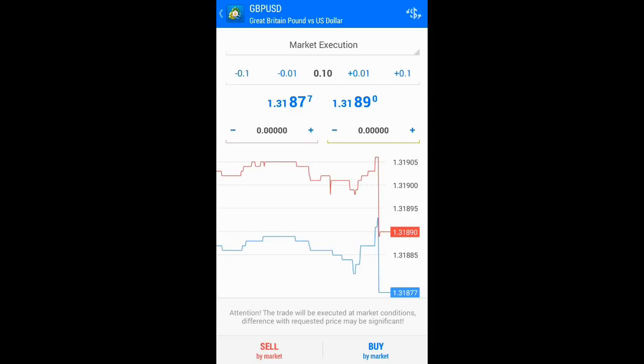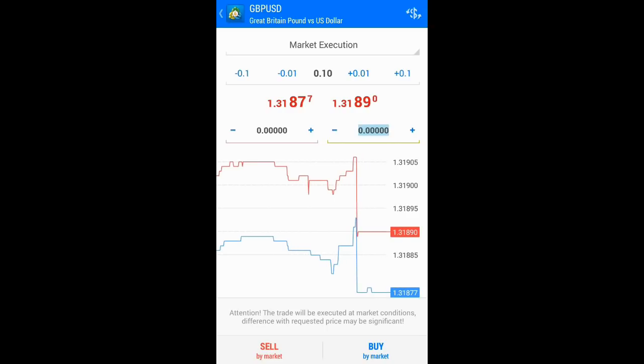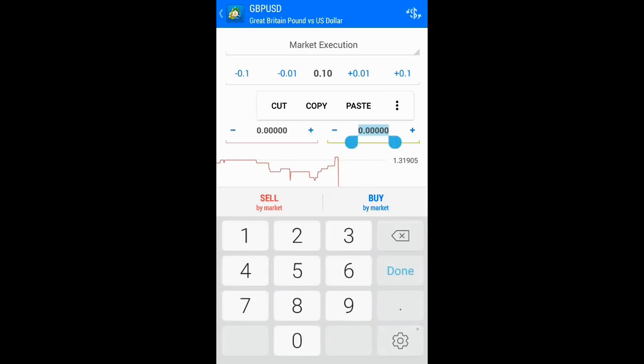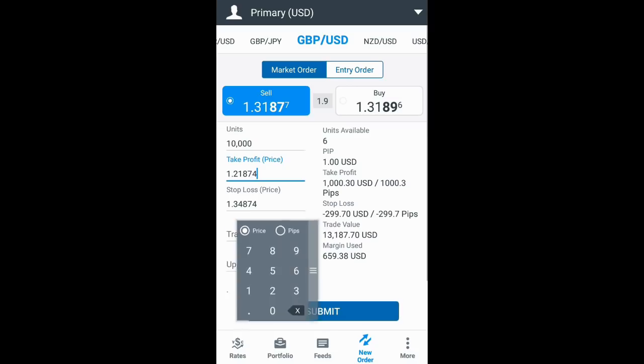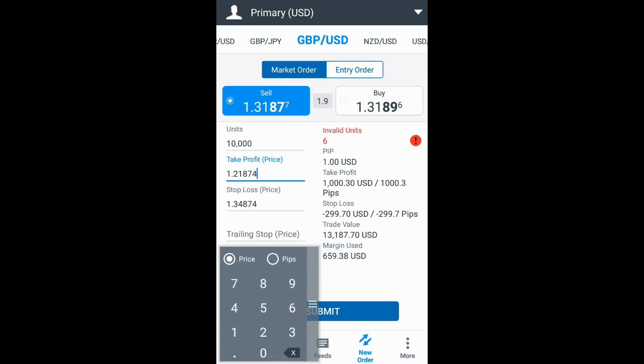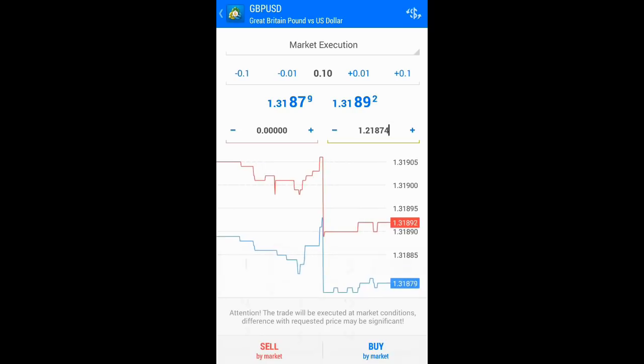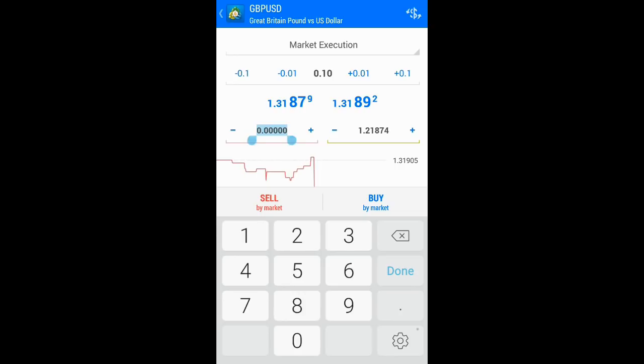I'm going to paste or type it into the green section, because this is take profit. Then I go back to the calculator, copy the stop loss, go to MetaTrader 4, and paste that.